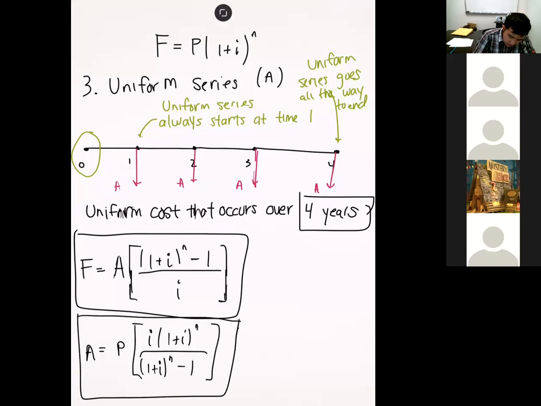That's the formula you use to convert between a present sum and a uniform series.